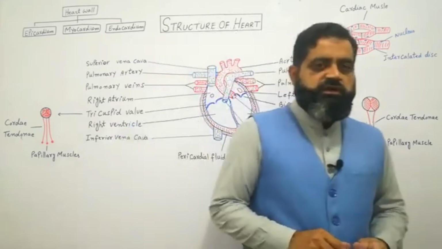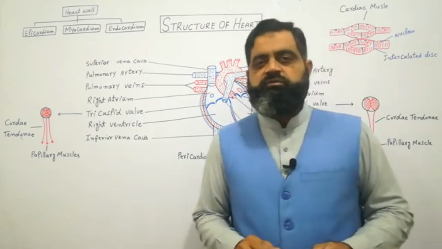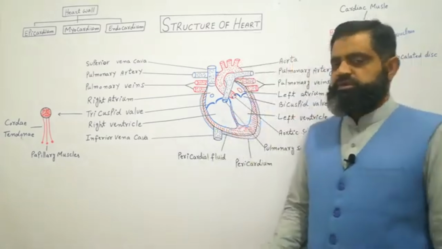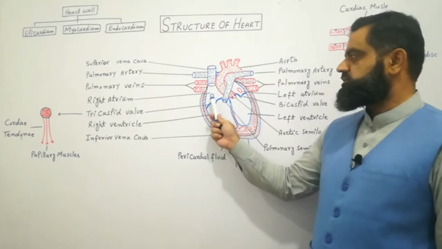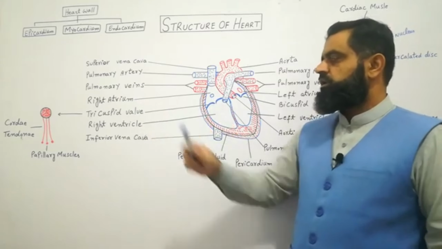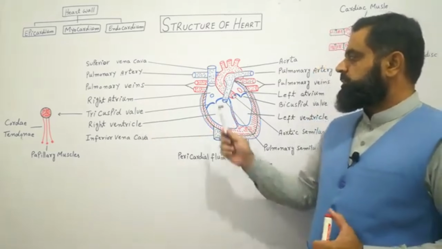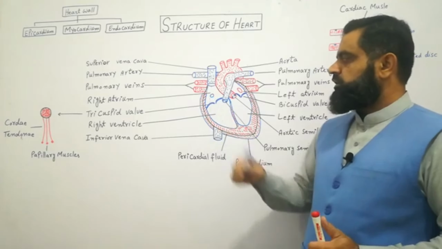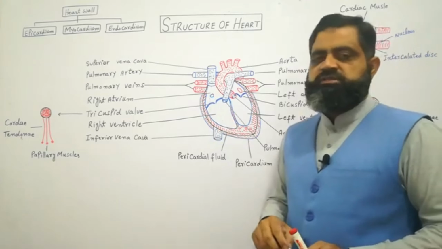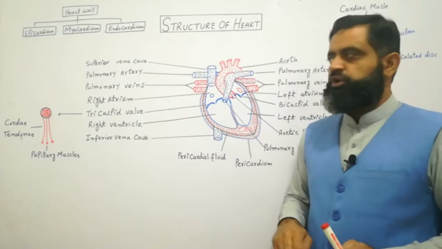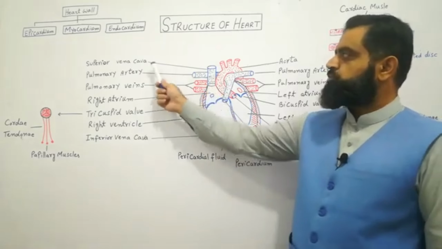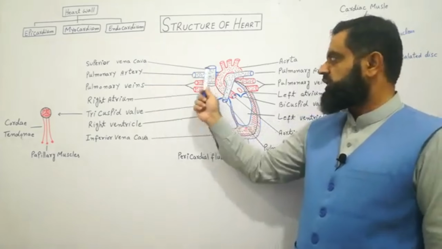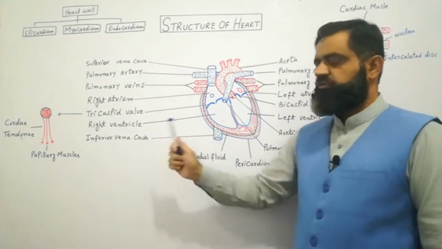Now if we look at the chambers of the heart, our heart is composed of four chambers. The first chamber is the right atrium. Right atrium contains two blood vessels which bring deoxygenated blood from the body. One is the superior vena cava while the other is the inferior vena cava.